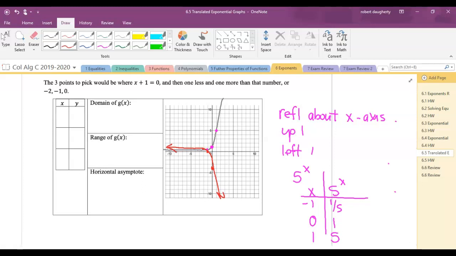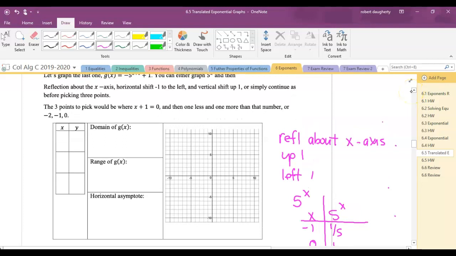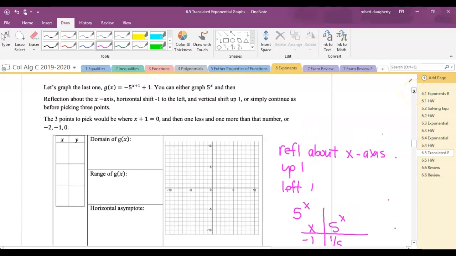Now, that's one way of doing it. Some people swear by this method, okay? What I tend to do, because it's what we did the other day, and it can work every time, is just pick 3 points, okay? So I need to graph negative 5 to the x plus 1, plus 1.